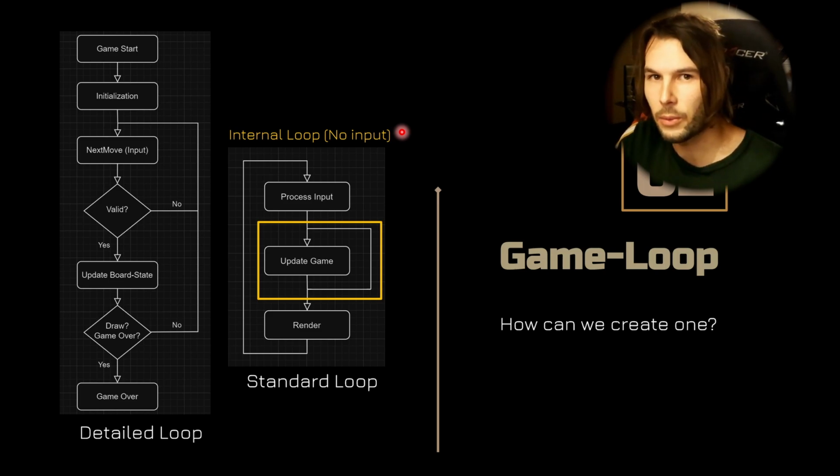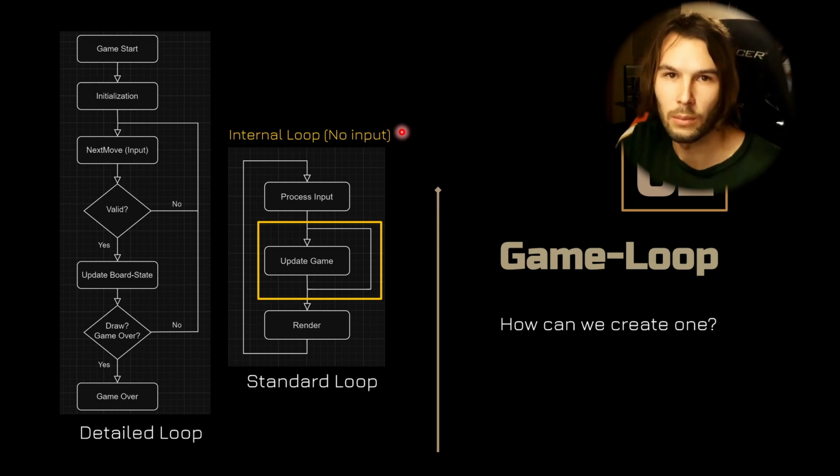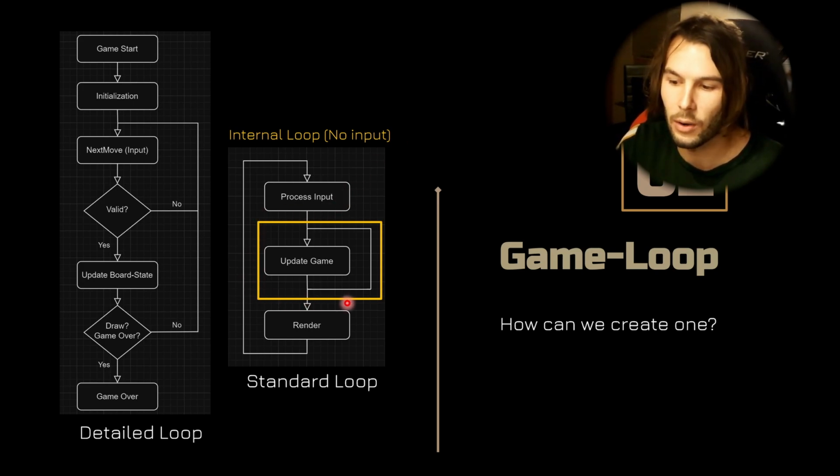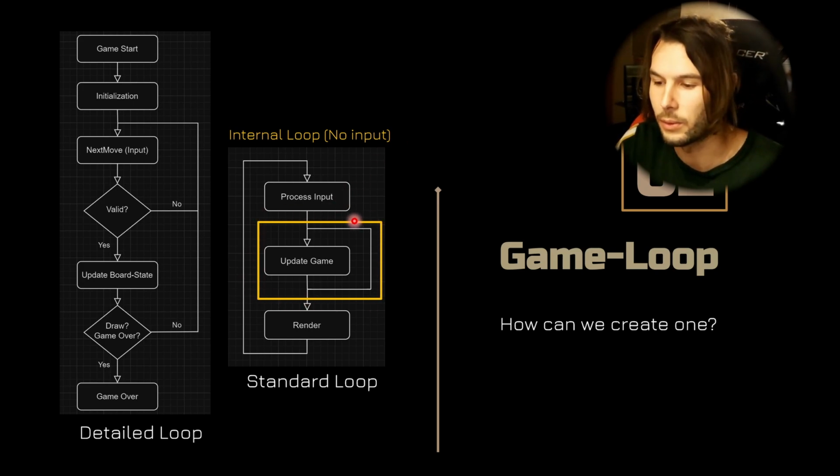So we have to distinguish here between two kinds of games. One game is the console game where something only happens when you provide an input. And in other games, for example, if you are located in an open world and a bird is flying by and so on, this will all happen in the internal loop and you don't have to press any button to do so. You can also die, for example, if you get hit by a bullet or something like this. That will all happen in the internal loop and you don't have to process an input.